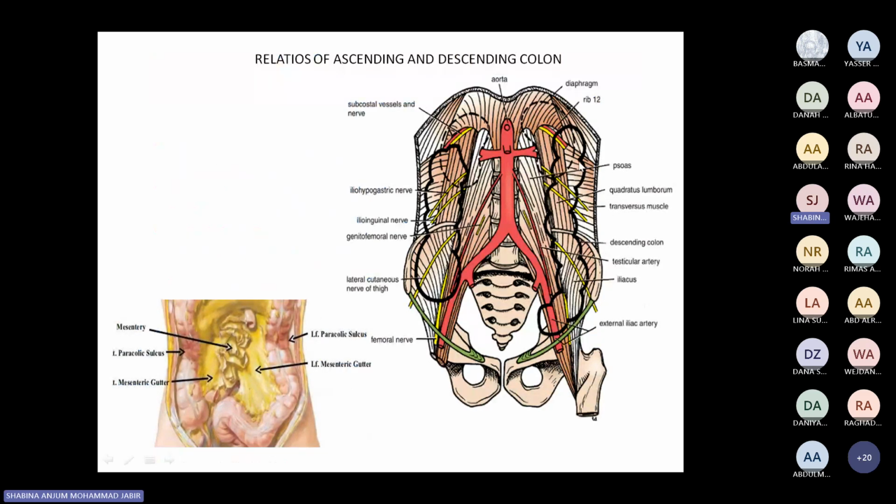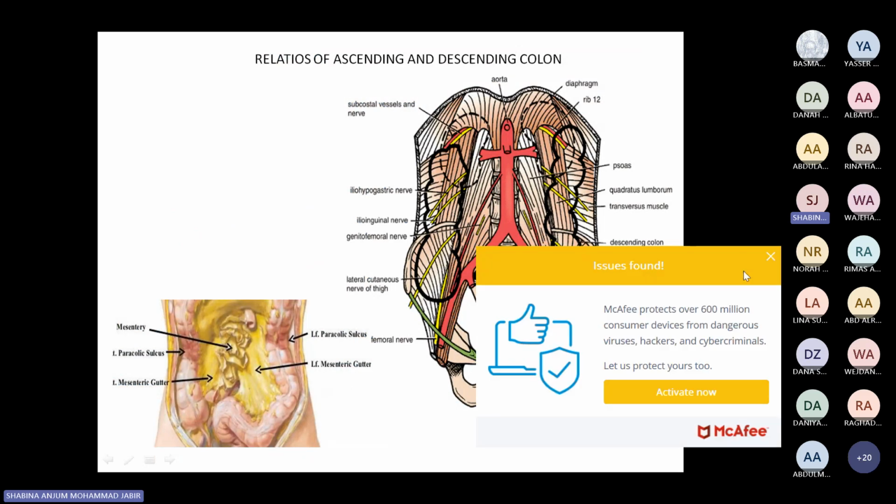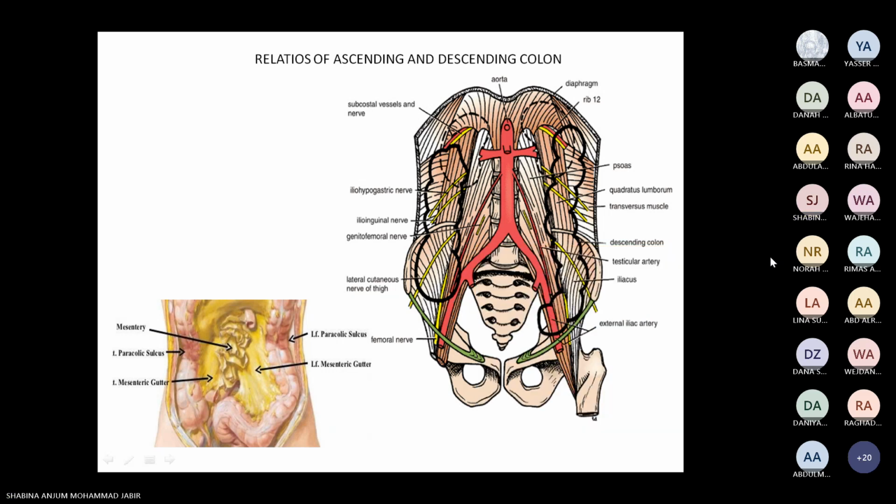Here we will have the transverse abdominis muscle, the psoas muscle, then part of the iliacus. Actually, the iliacus here is more related to the sigmoid colon. Then we have the nerves. Which nerves?